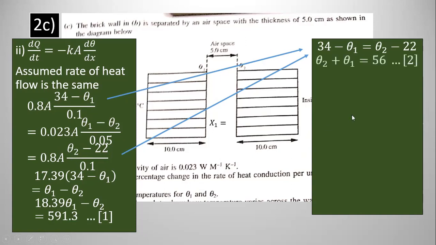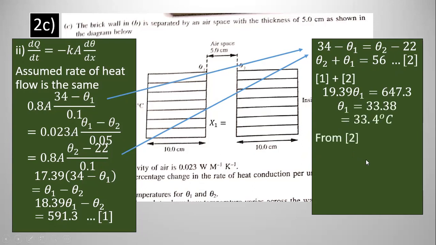Then simplify it, equation 2. So you just add the two equations to cancel your theta 2. So this 18.39 plus 1 here, 19.39, 56 plus that value. Calculate your theta 1. After that, calculate your theta 2.